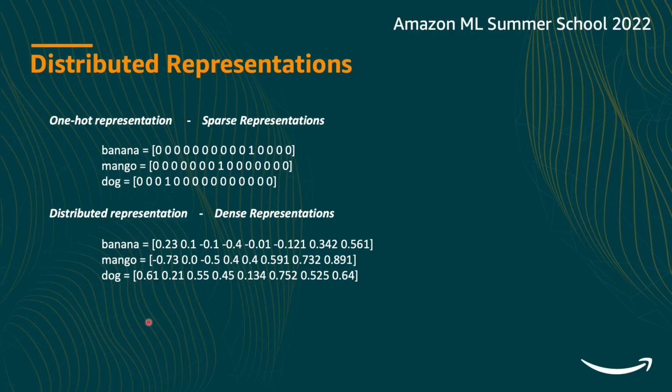It is called distributed because the meaning of the word is distributed within the dimensions of the vector. So here, as an example, maybe some of these dimensions will capture the similarity between banana and mango, like their color or the fact that they are fruits.